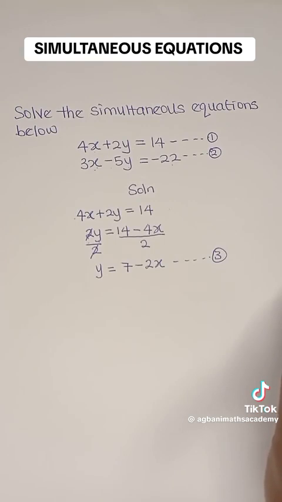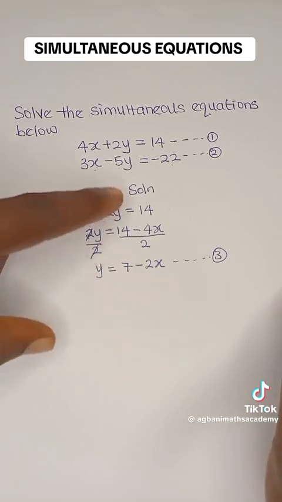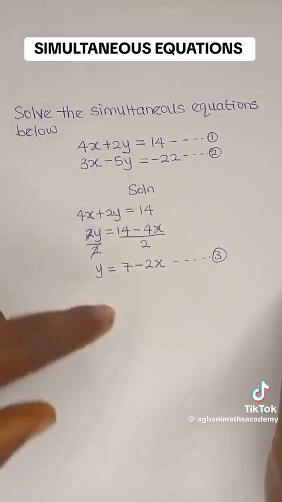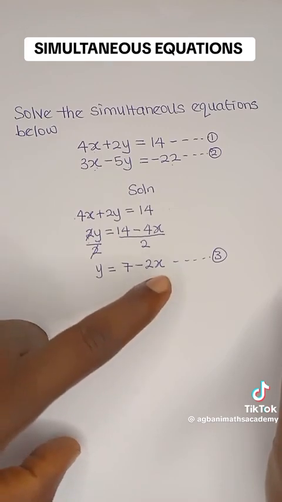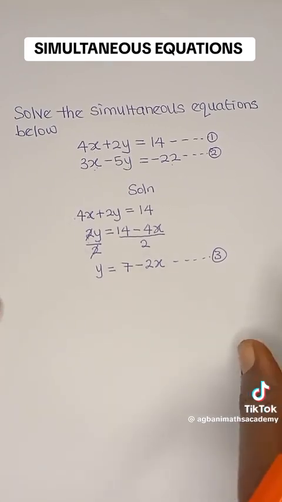The next thing we are going to do is substitute the value of y in equation 3 into equation 2. Remember, we started with equation 1, therefore we are going to substitute into equation 2. If we started with equation 2, we would have substituted into equation 1. Substitution means wherever I see y in equation 2, I'm going to remove the y and put 7 minus 2x. So let's do that.